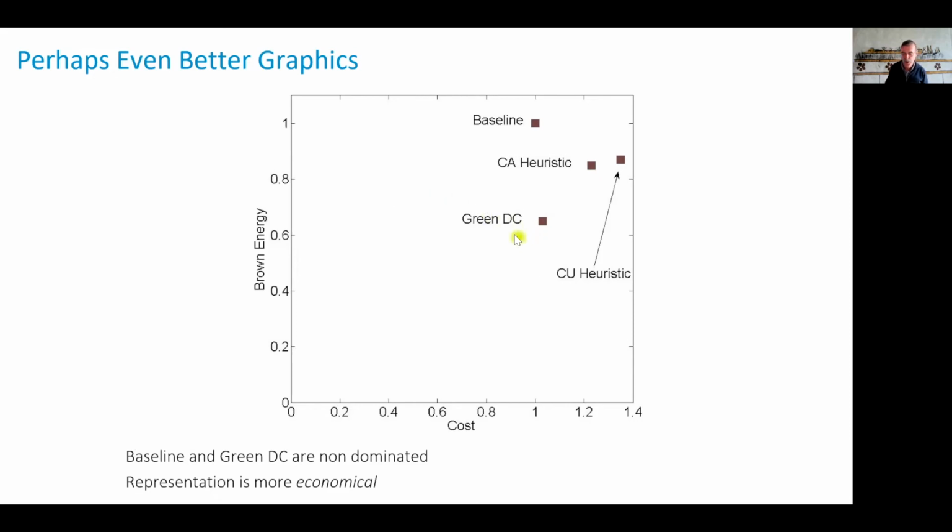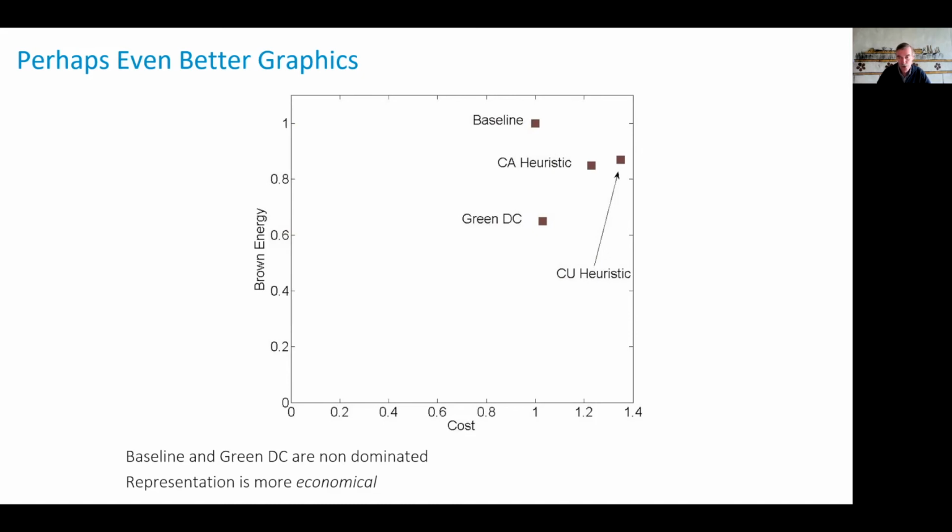For example, here large is bad, so something is non-dominated if there is nothing below and to the left of it. We see that green DC and baseline are non-dominated, but baseline is probably only marginally better in terms of cost than grid DC. So here there's an obvious winner, that is green DC, and we see by how much.